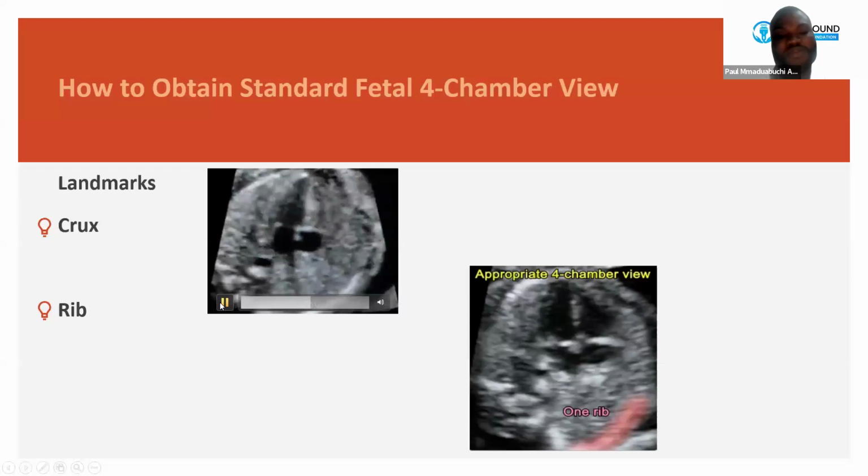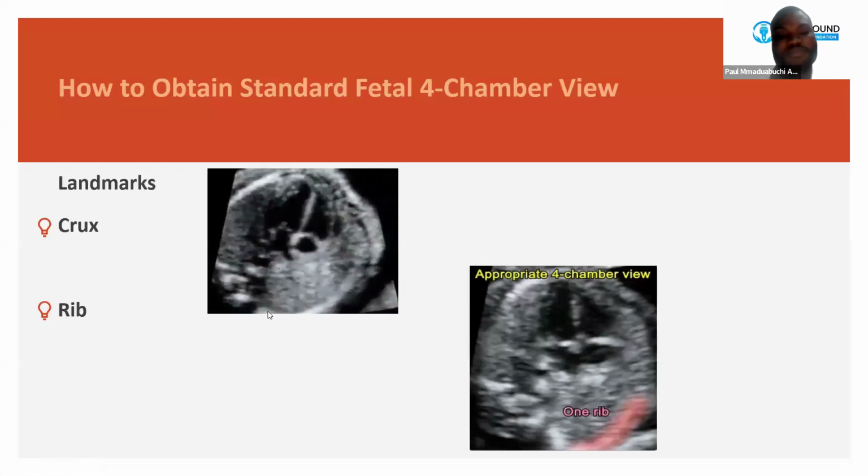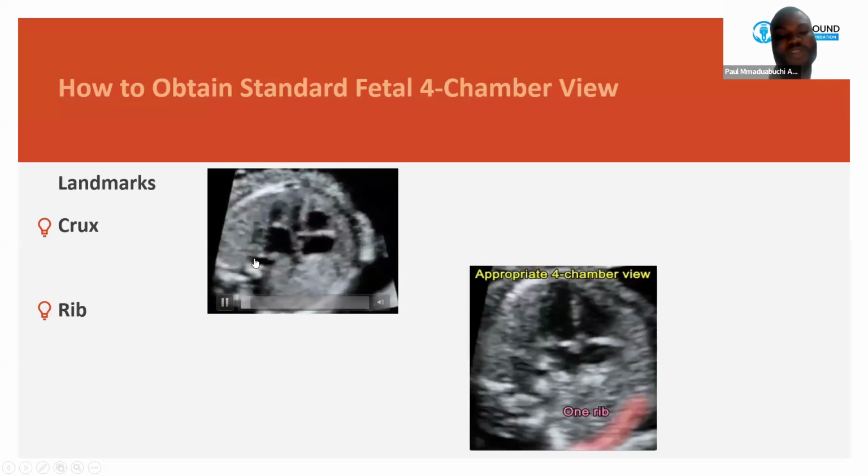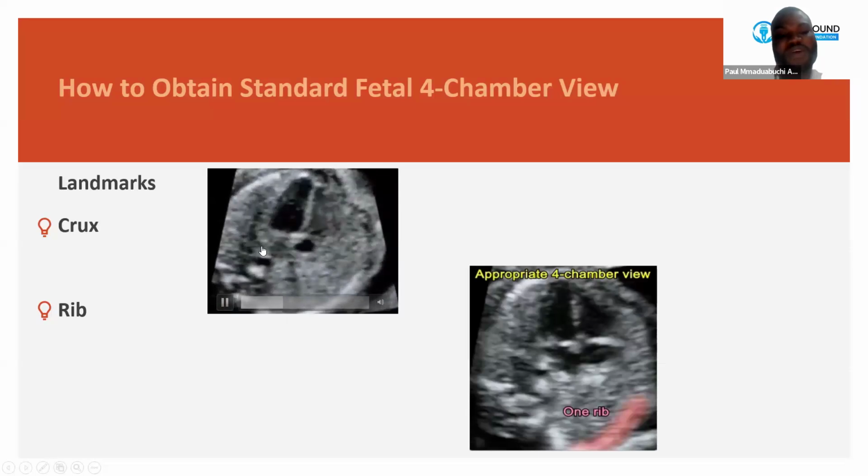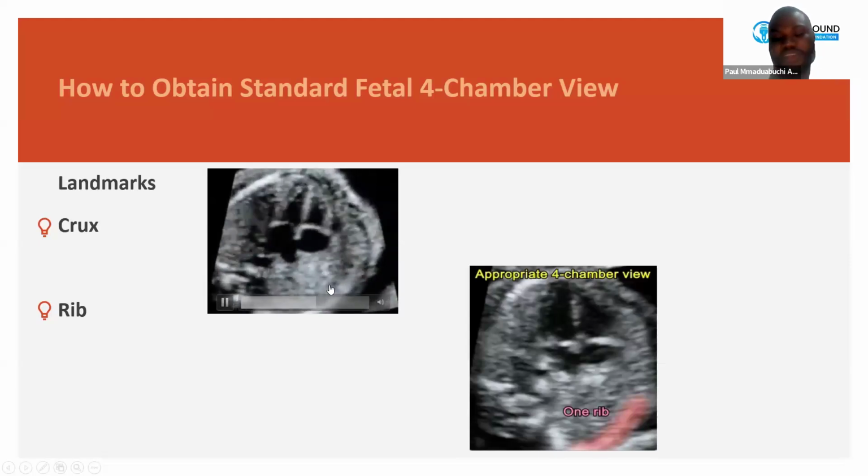So this is a video showing you that when you are seeing your cross, you know that this is the perfect place. When you are seeing your aortic origin, you know that you are too high from where you are meant to be. And when you are seeing your coronary sinuses, you know that you are too low, so you move a bit higher to get the actual fourth chamber view.